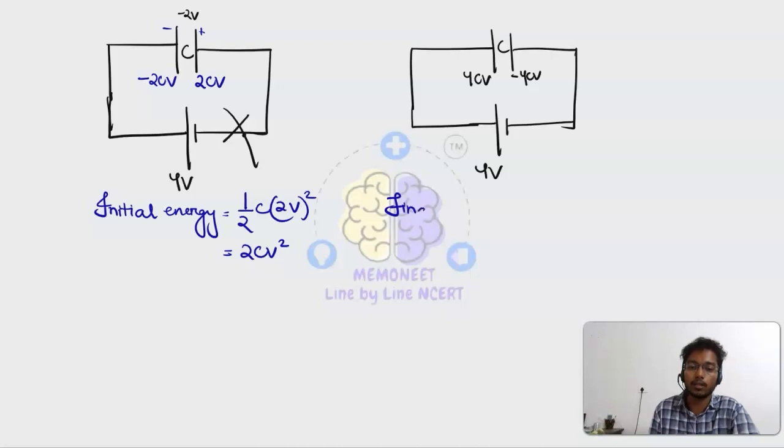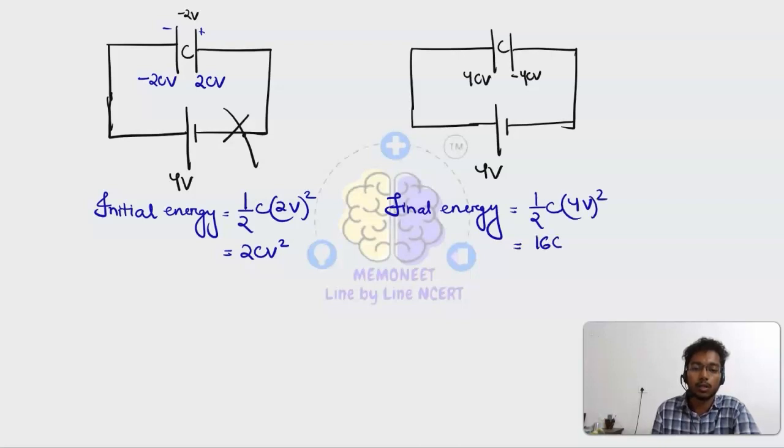What is the final energy? Final energy is half CV square. The voltage across the capacitor is 4 volt due to the battery, so 4V square, that is 16CV square upon 2, which is 8CV square.